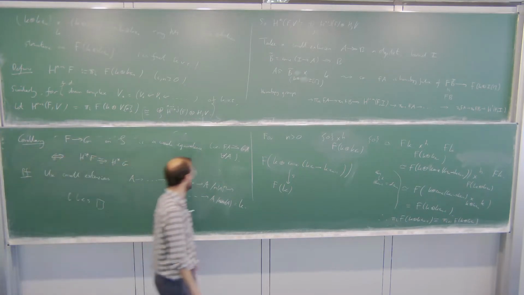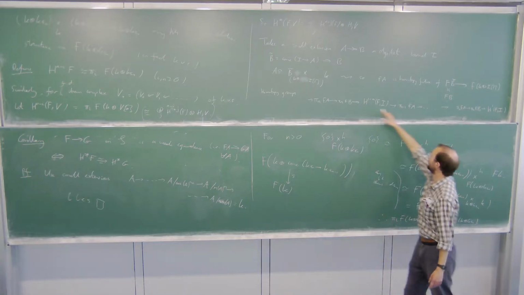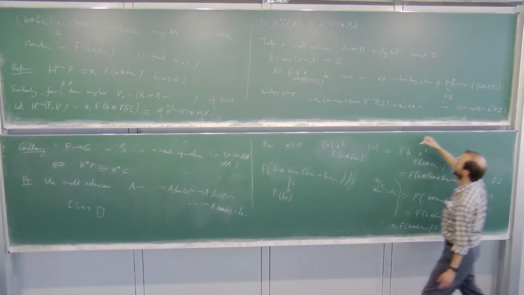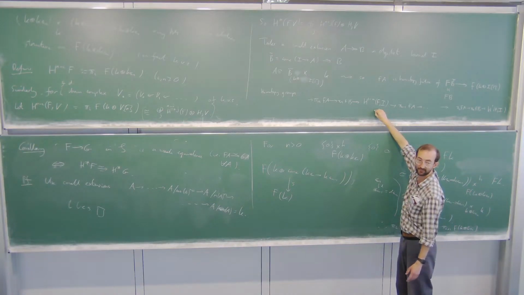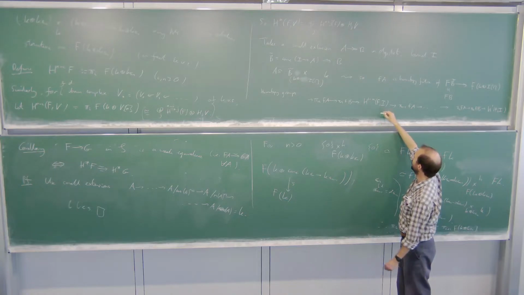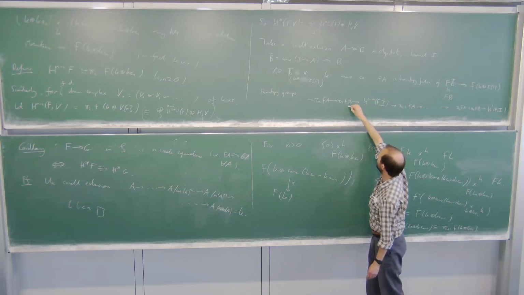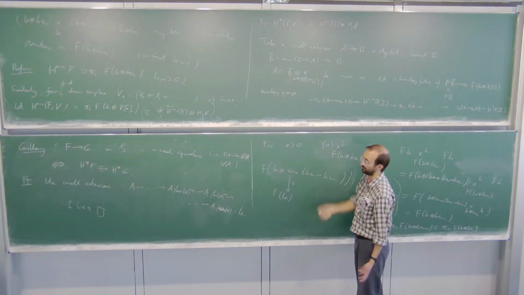What's happening is, for each of these small extensions, we have a long exact sequence like this for both f and for g. And these terms are all matching up. So once we know we have these terms matching up and these ones matching up, we deduce that these do, and that's our inductive step.